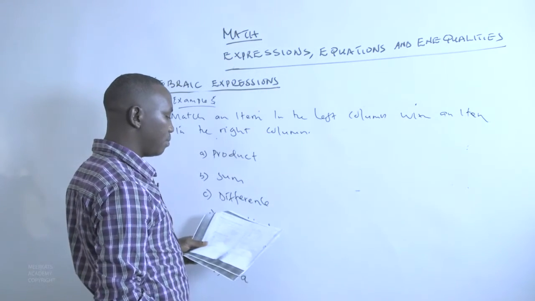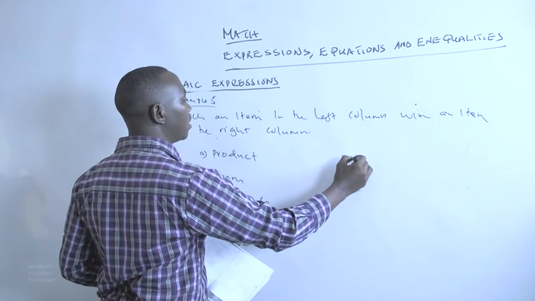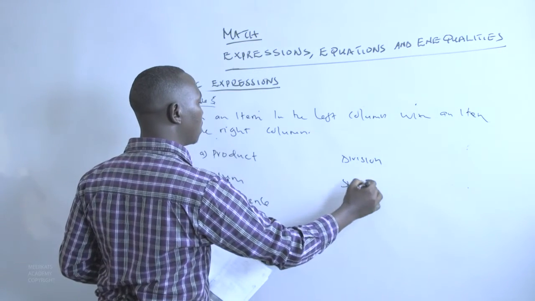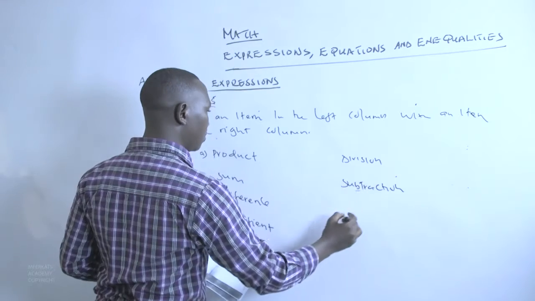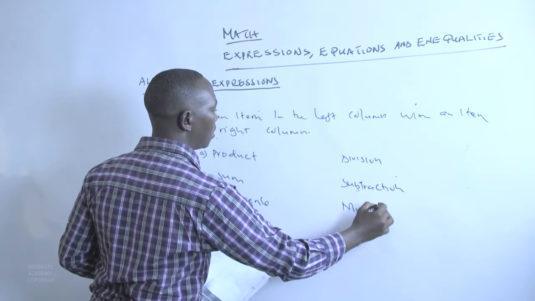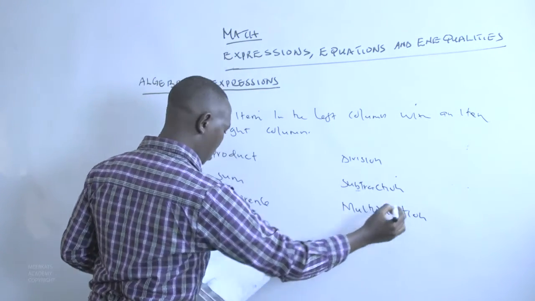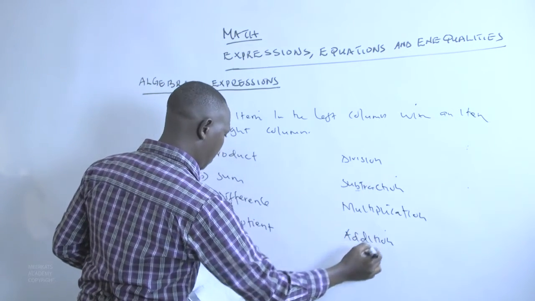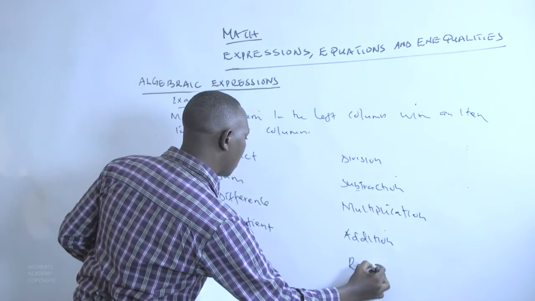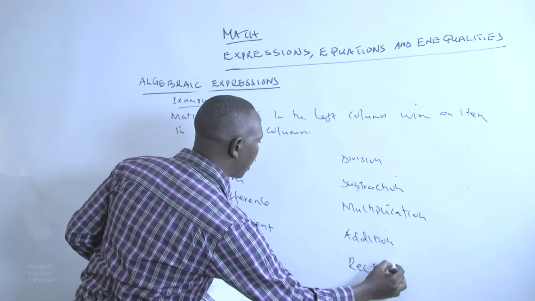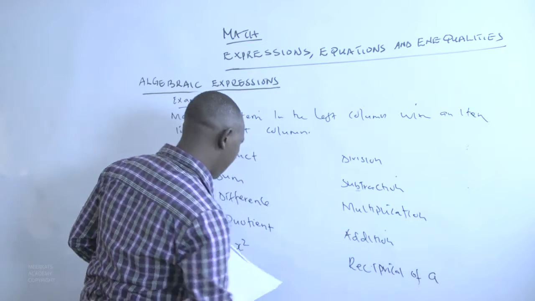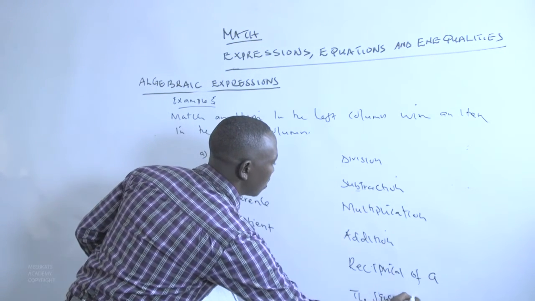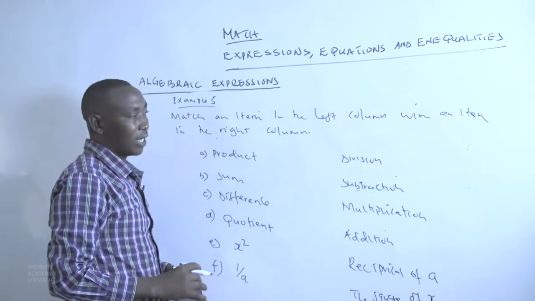On the right column, we have division, subtraction, multiplication, addition, reciprocal of a, and finally the square of x.